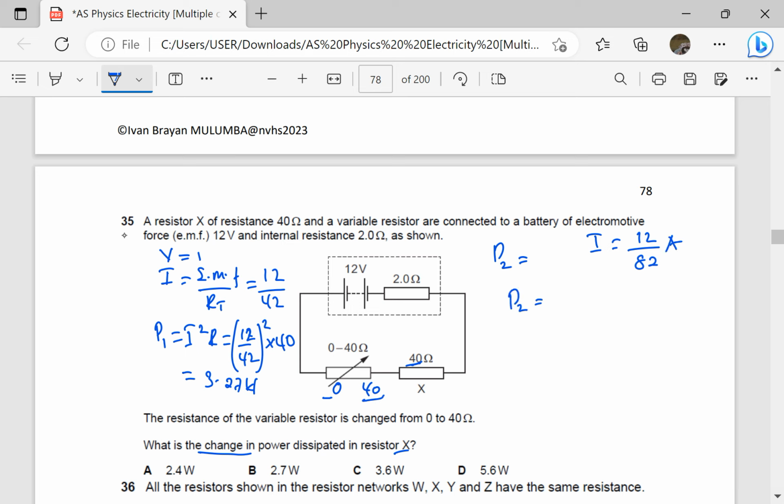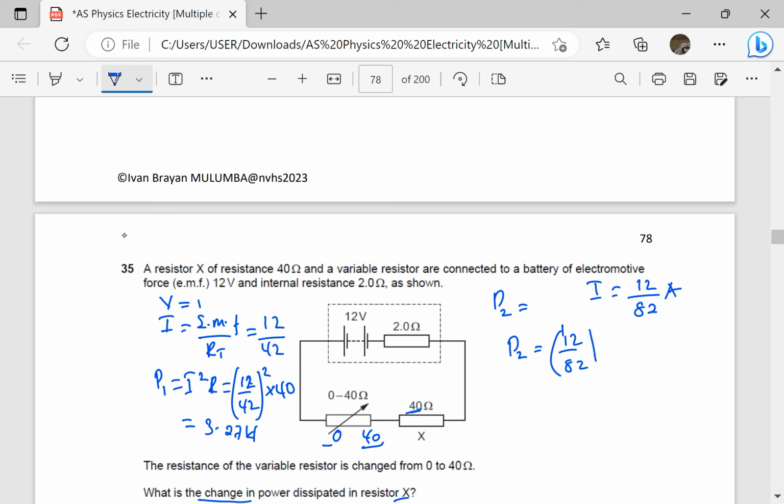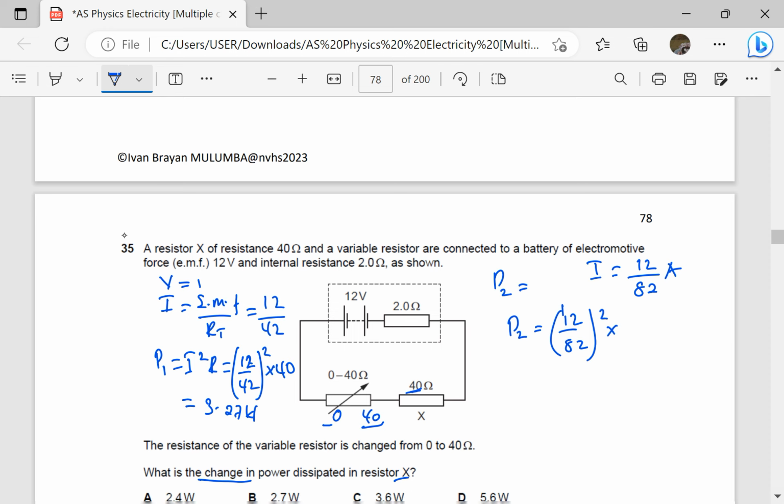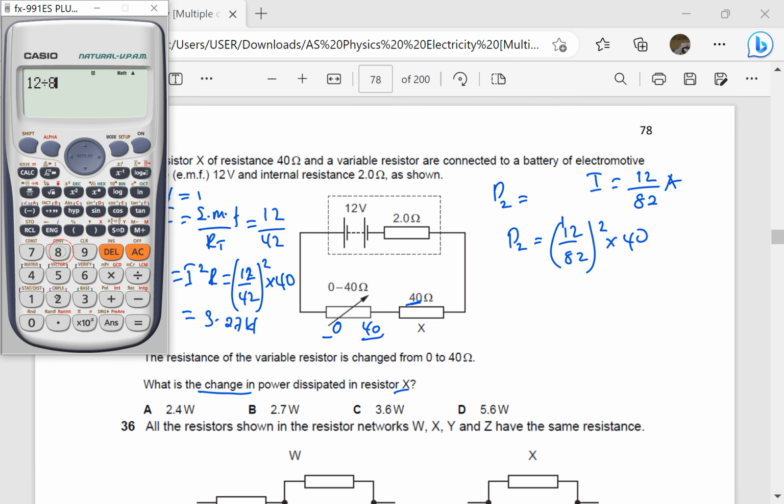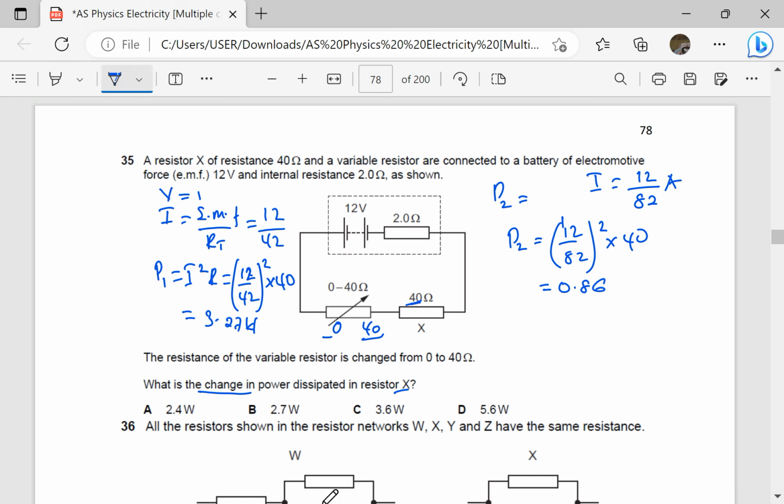So the power 2 is going to be I squared, which is 12 over 82 squared times 40. So we have 12 divided by 82 squared times 40. This gives us, I want two decimal places, 0.86 watts.